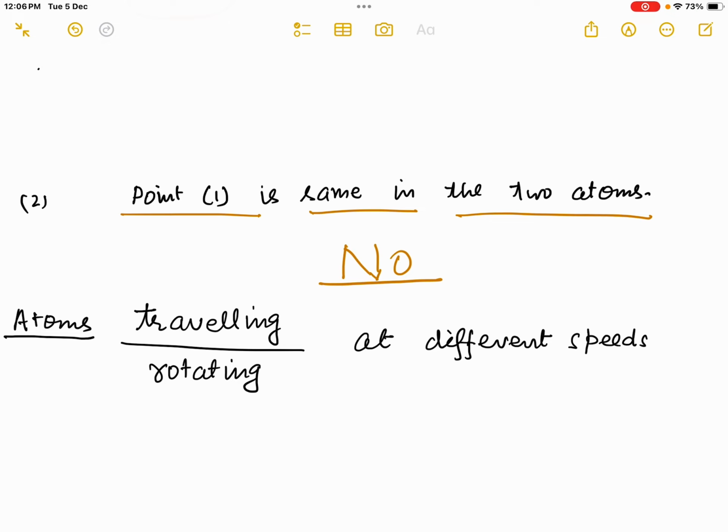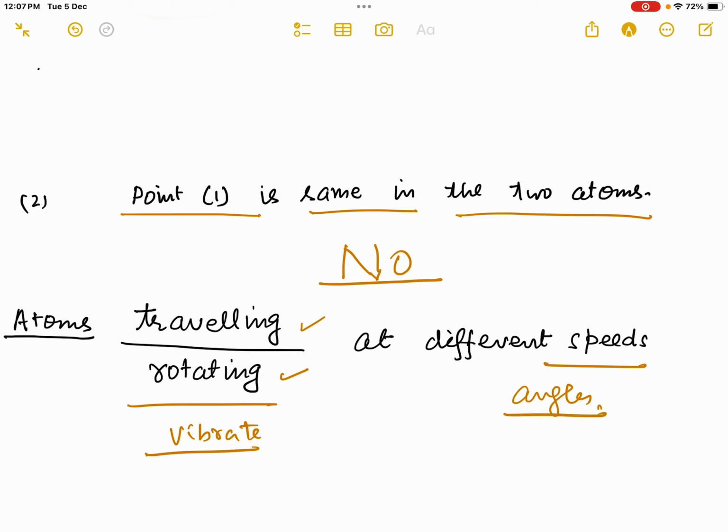See, atoms themselves travel, rotate, and vibrate at different speed, different acceleration, different angle. So their angles of inclination are different.